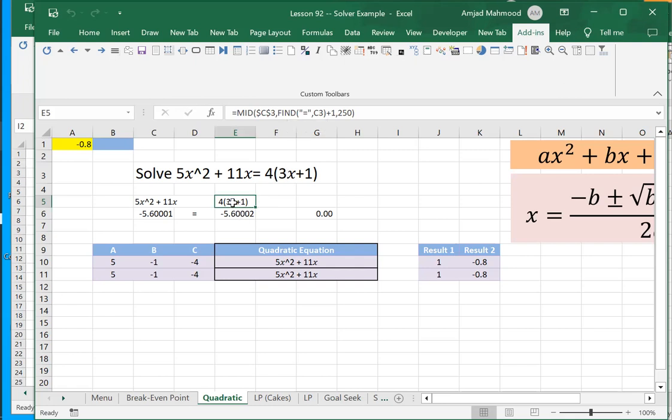The right hand side is used with this formula, which uses a find command inside to find the equal to sign, and after it is found, it uses the mid function, starting from 1 plus the position of the sign, so that anything after that is picked in here. Similarly, the find is also used in here.